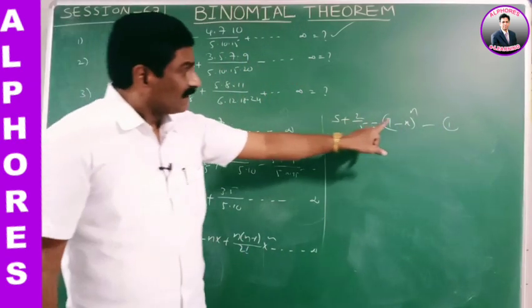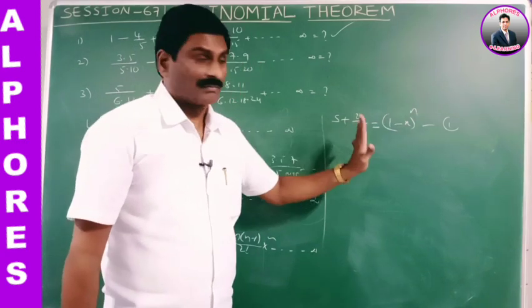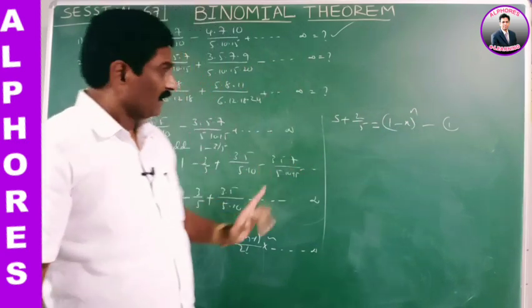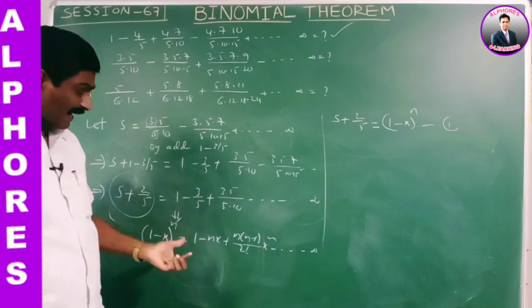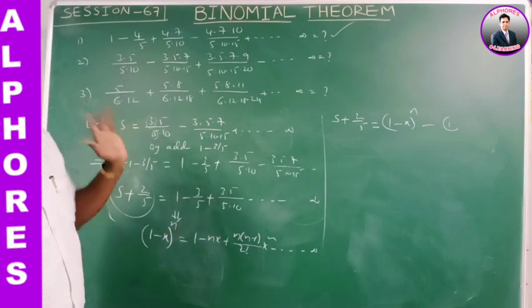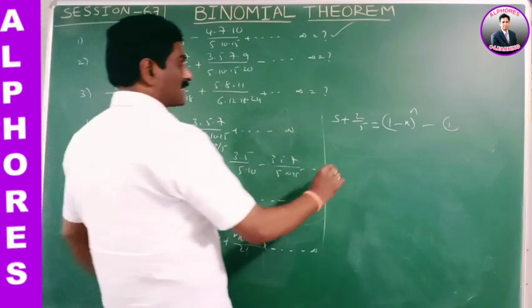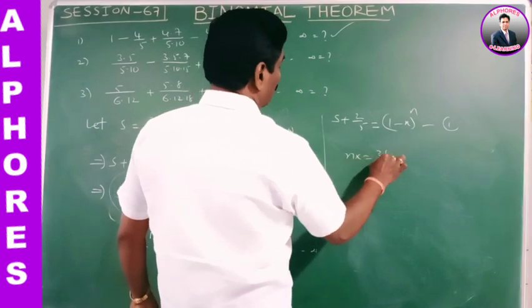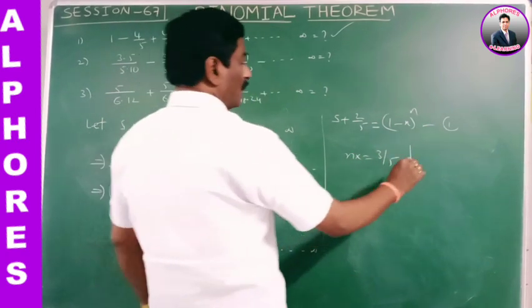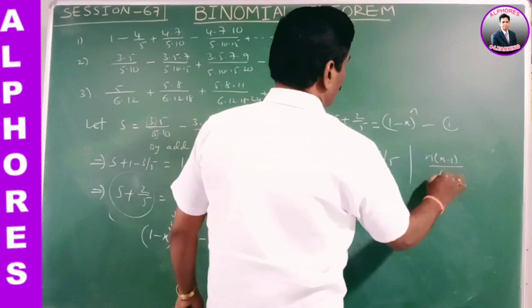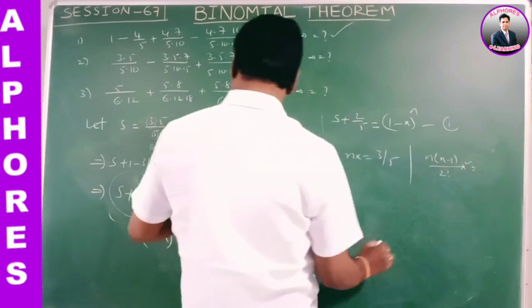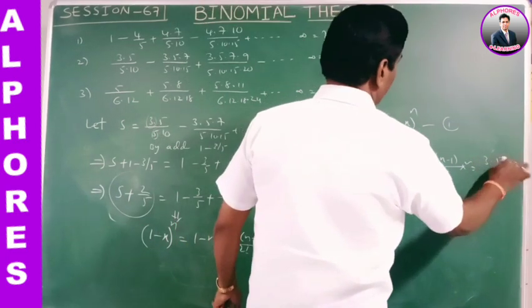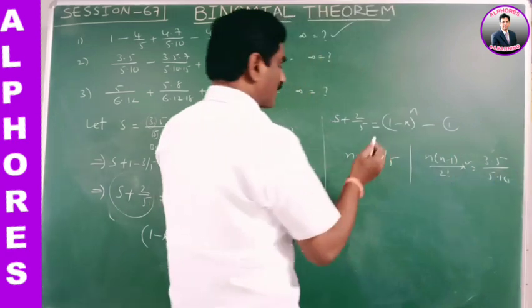For getting s, x and n must be found. Required values are x and n. X and n are calculated by using the RHS value. What is the RHS value? By comparing these values, nx is equal to 3 by 5 and n into n minus 1 by 2 factorial into x square is equal to 3 into 5 by 5 into 10. Here nx value is 3 by 5.